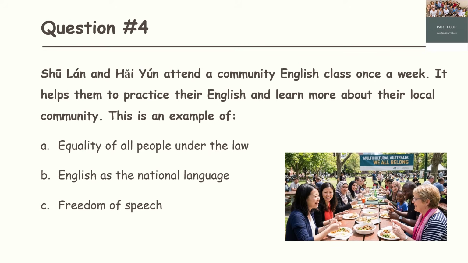Question 4. Shulan and Hayun attend a community English class once a week. It helps them to practice their English and learn more about their local community. This is an example of A. Equality of all people under the law, B. English as the national language, C. Freedom of speech.